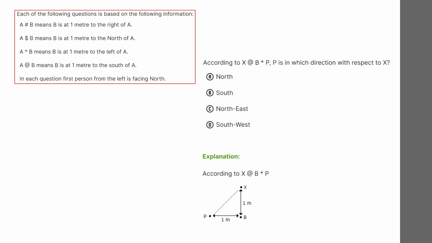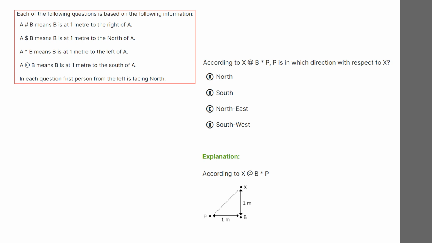Now coming to the question, according to x at the rate b asterisk p, p is in which direction with respect to x? Now let's start with the first relation, the variable relation, that is x and b. The relation given here is at the rate. What is at the rate meaning? Go back to the main description.